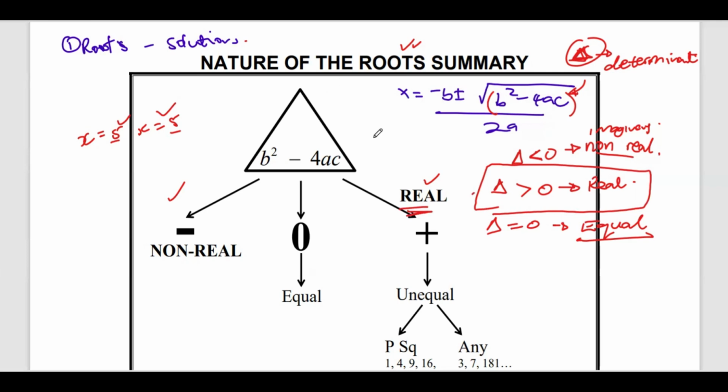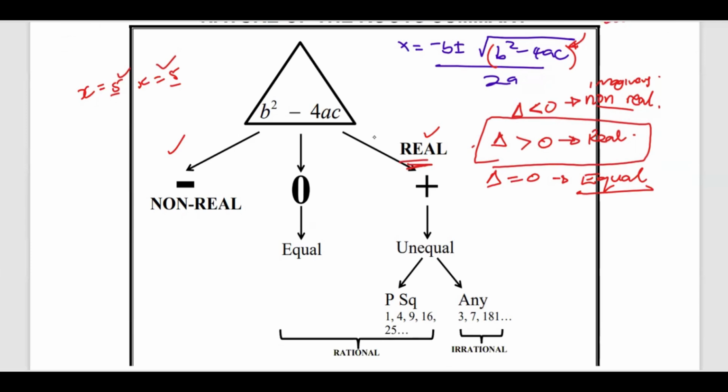There are two scenarios now, that if the roots are not equal, automatically they will be unequal, okay? Then under the unequal, we have two categories. We have what we call the perfect squares, and then we have any other numbers that are not perfect squares.